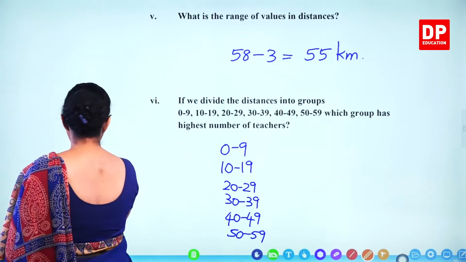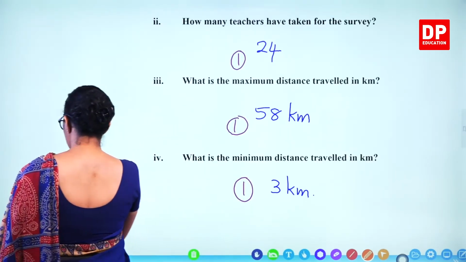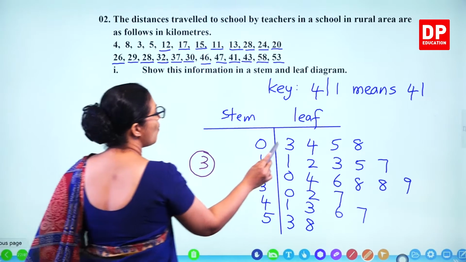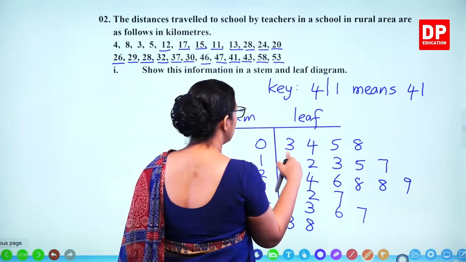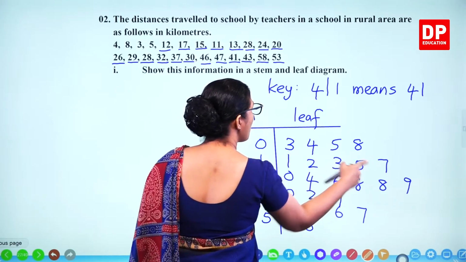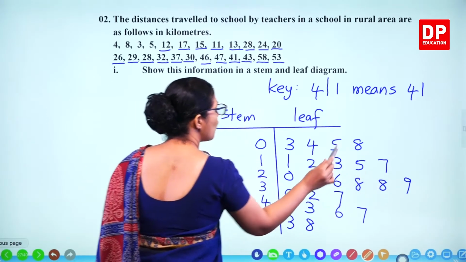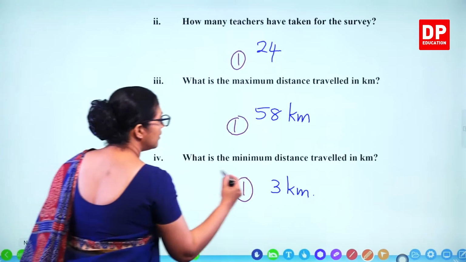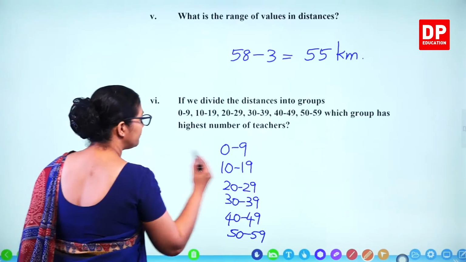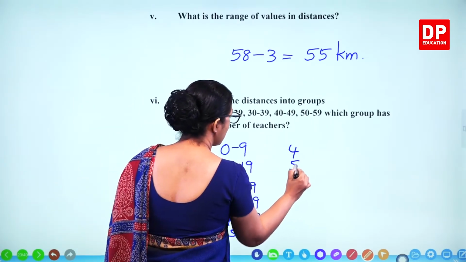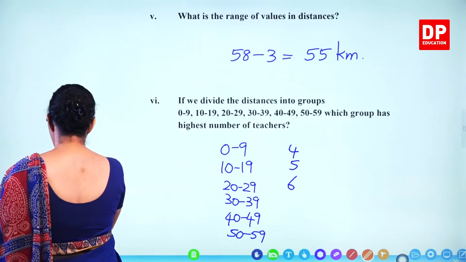So how many teachers? 0 to 9, you have to refer to this one. 4, 5, 6. Let's do the other one.